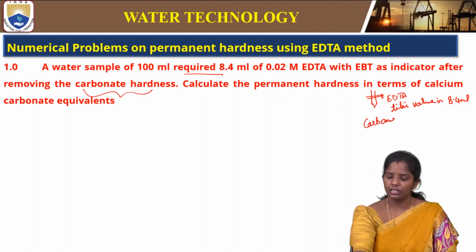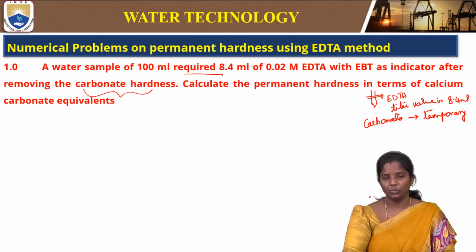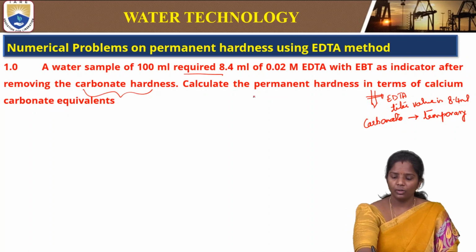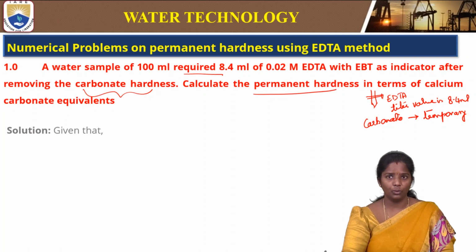Carbonate hardness is nothing but the temporary hardness. So we are removing this carbonate hardness. That means we are titrating with the boiled water. Now calculate the permanent hardness in terms of calcium carbonate equivalence.